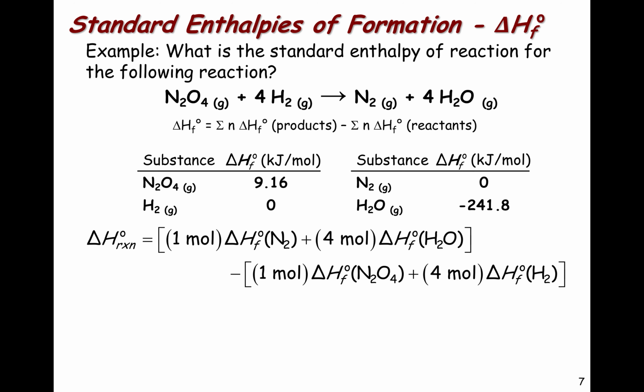We can go to our tables and look up the enthalpy of formation of N2O4, which is positive 9.16 kilojoules per mole. For hydrogen, that's an element in its most stable form in the gas phase, so that's going to be 0. For our products, we have N2, an element in its most stable form, so that's 0. And gaseous water has an enthalpy of formation of negative 241.8 for 1 mole of water.